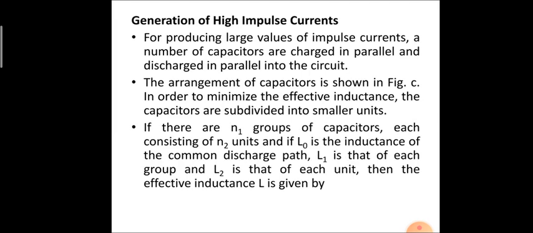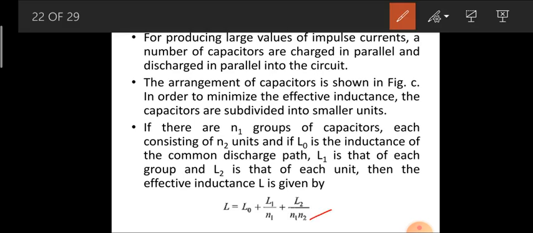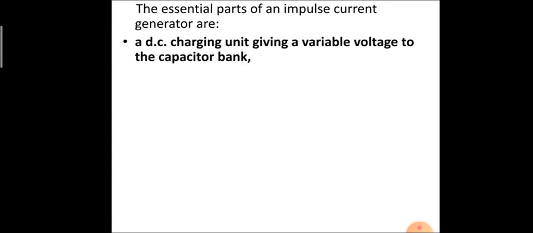Now if there are n1 groups of capacitors, each consisting of n2 units, and if L0 is the inductance of the common discharge path, L1 is that of each group and L2 is that of each unit, then the effective inductance L can be given as L0 plus L1 by n1 plus L2 by n1 n2.